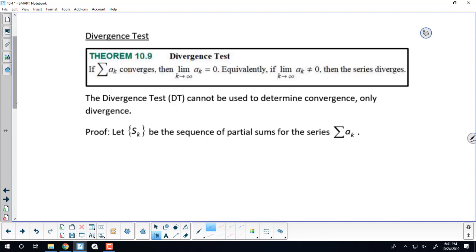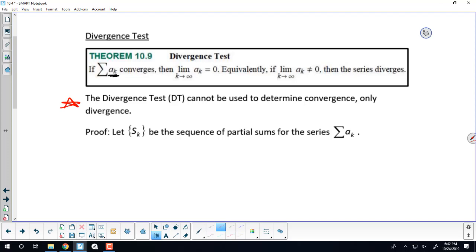Equivalently, and what we're going to use in practice when we apply the divergence test, is that if the limit at infinity of the term itself, this a sub k, not the sum, just the terms, if that limit is not 0, then we can say the series diverges. So just be mindful of this statement. It's an if-then statement. It's not if and only if. We can't read it both ways.